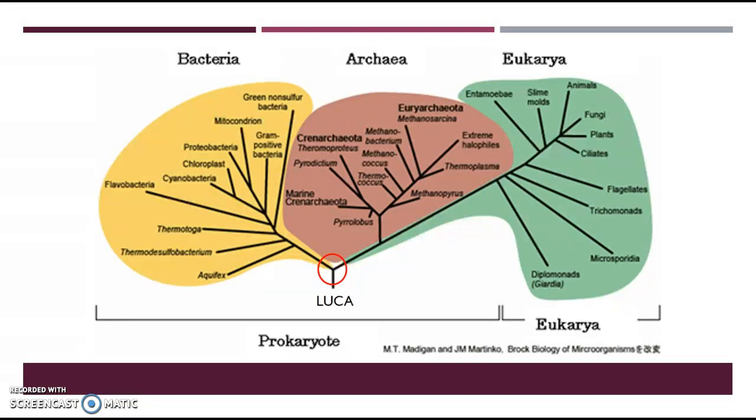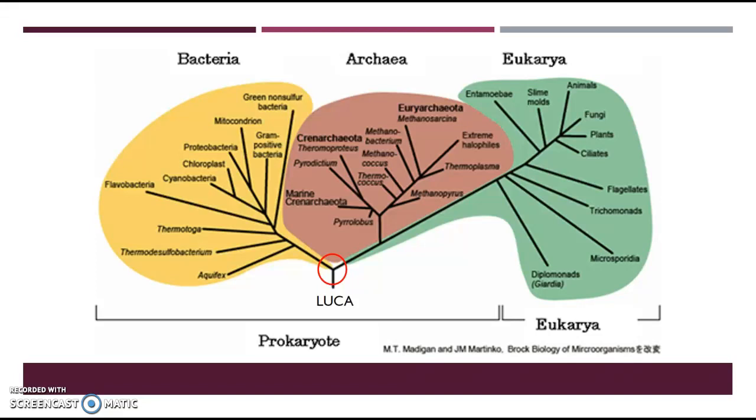So there are 3 cell types that you need to know and distinguish, and we will spend some more time a little later on in this course learning about each cell type and their unique features. This is a phylogenetic tree, and phylogenetic trees show relationships between groups of organisms. So the 3 cell types are the bacteria, the archaea, and the eukarya.